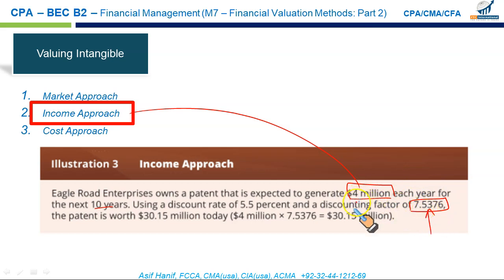So we can multiply the 4 million yearly cash flow with the annuity factor at a certain rate, maybe 5.5%, it's not given here. For 10 years, this factor is given. It will be given to you in your MCQs. You just have to use this rate and multiply with the cash flows, and this will give you the present value of your future income. So you can value your intangible using this approach, at this price.